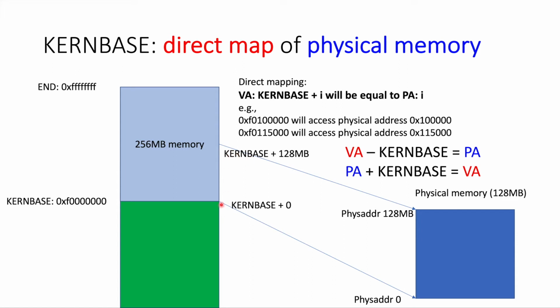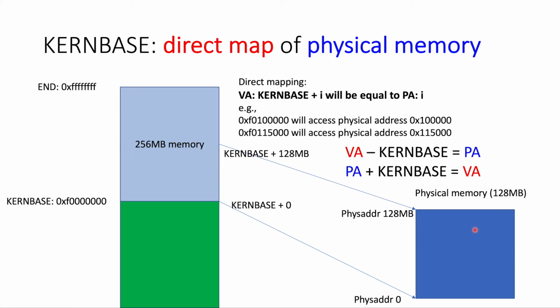So we map this virtual address to 0, this address plus 1 page to the next page, and so on, up to KERNBASE plus 128 megabytes. This is what you implement in boot_map_region, and then you will run boot_map_region to map this part.